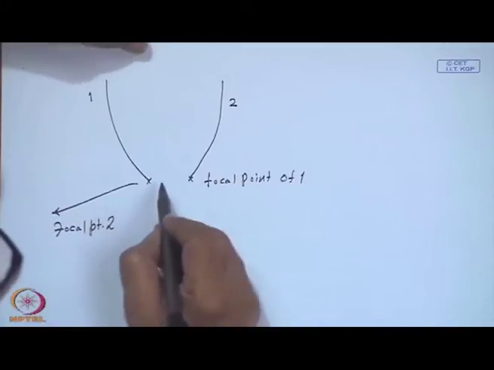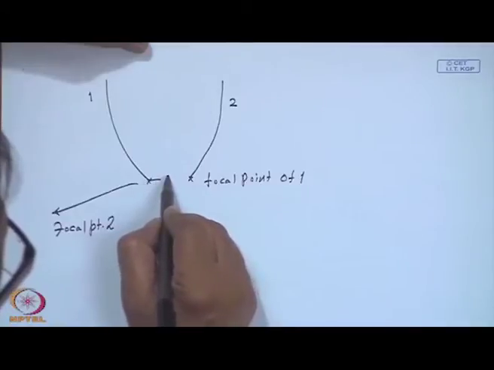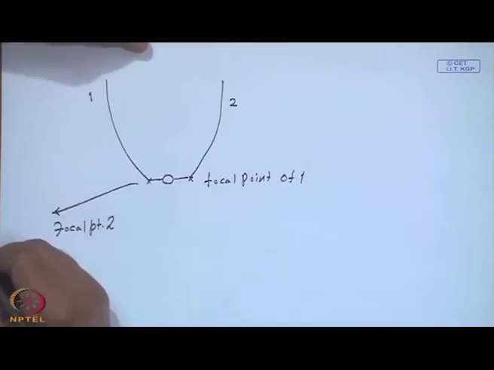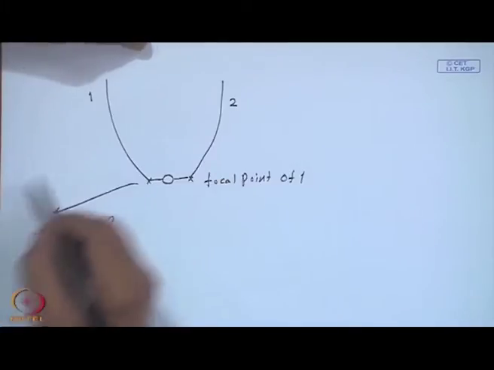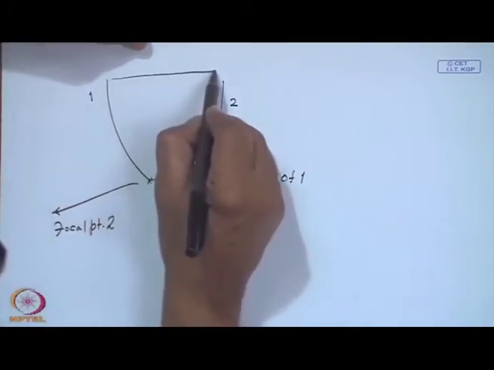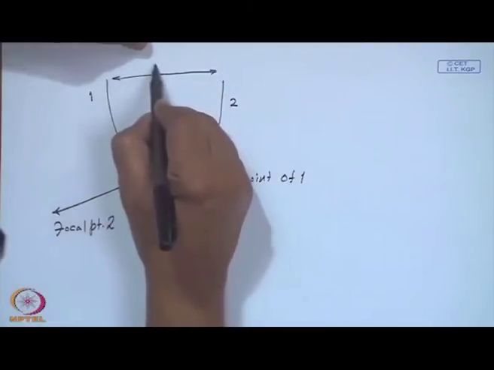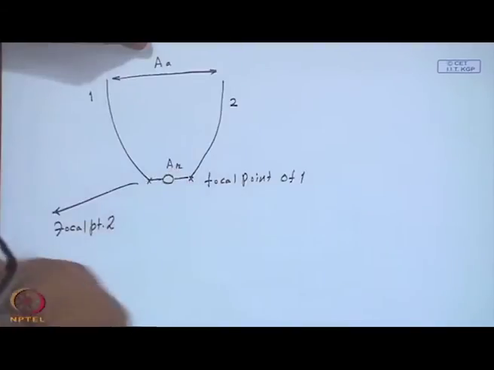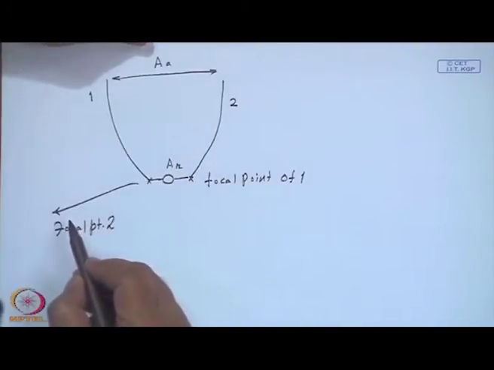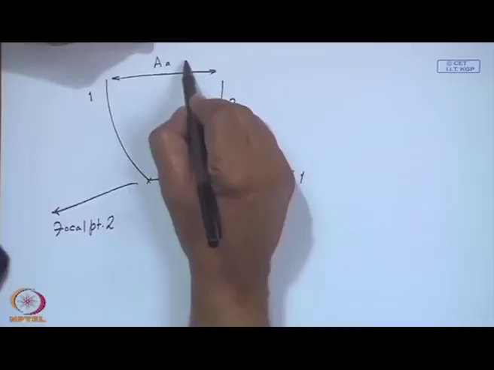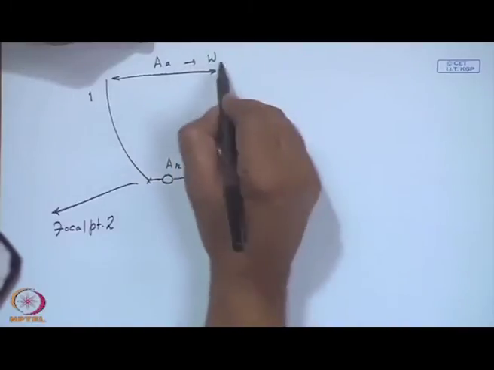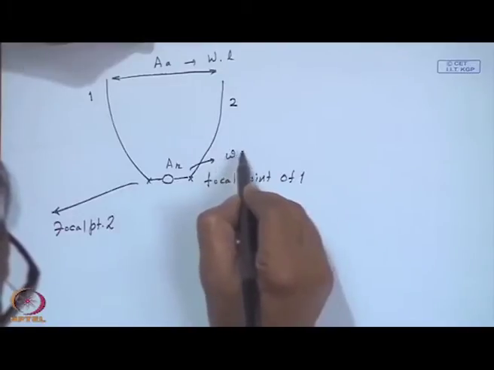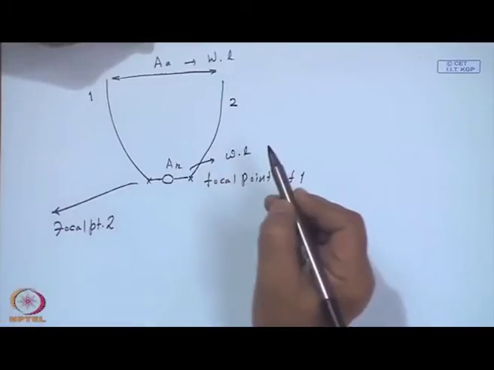Okay. So, I may have an absorber with a tube and a fin like this. So, this will effectively be my aperture area, and this will be my receiver area, which we have called small w times L, right.